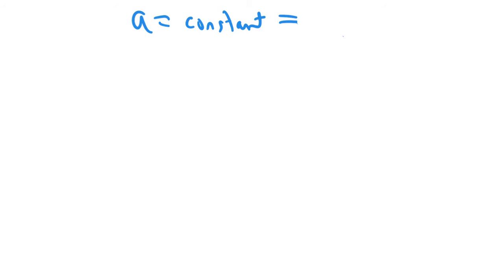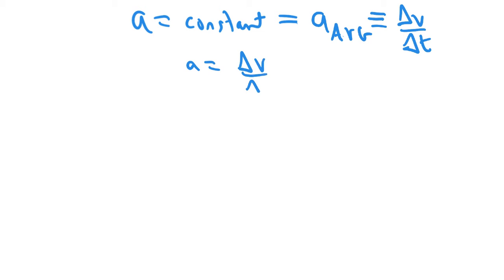And the average value is always equal to delta V over delta T. So putting all those together, the acceleration is delta V over delta T. And this is, of course, constant acceleration only. I want to keep stressing that. This is not always true, but it's true in the case where the acceleration is known to be constant.